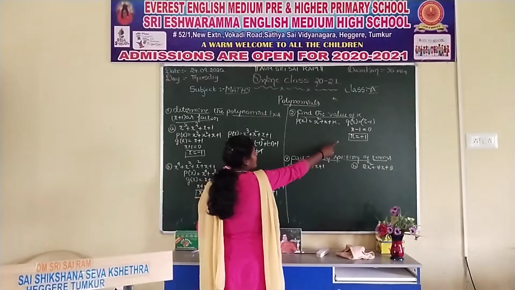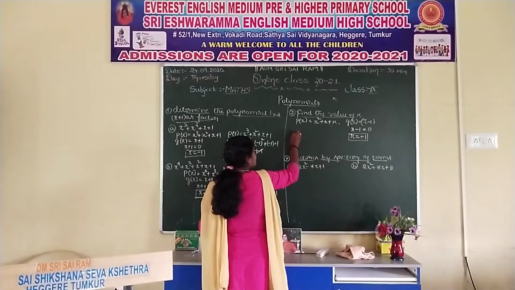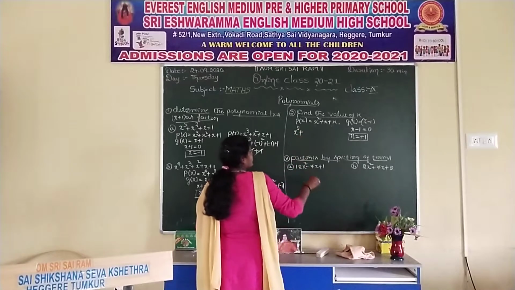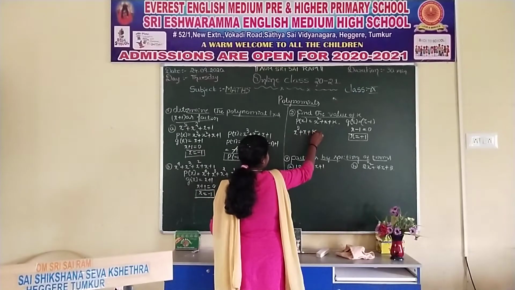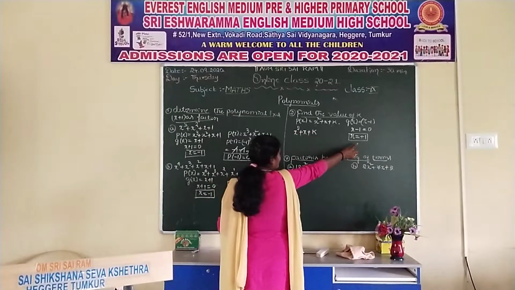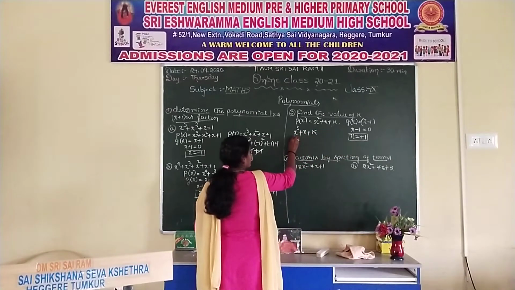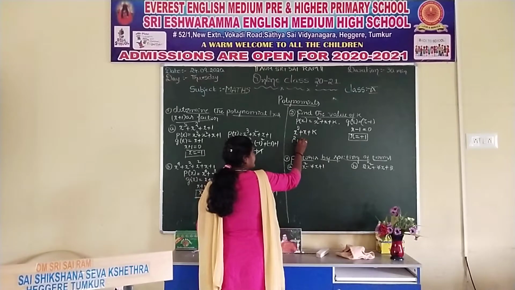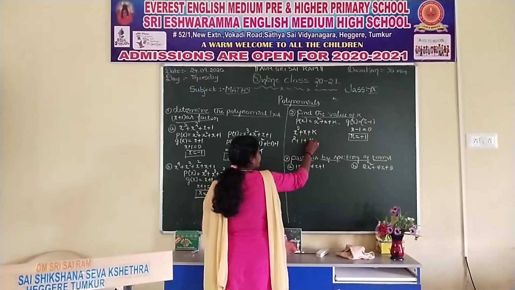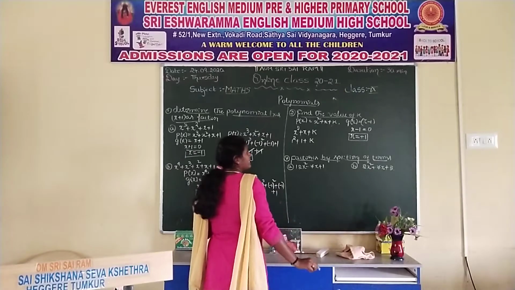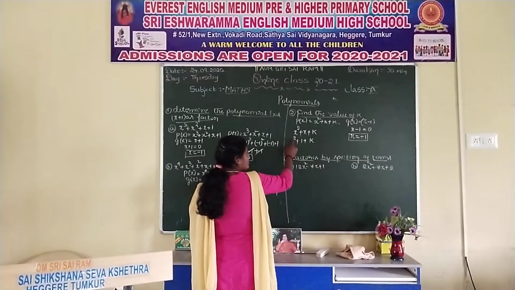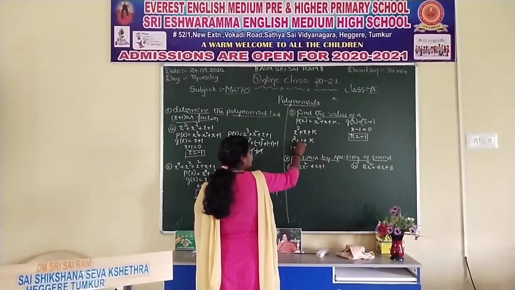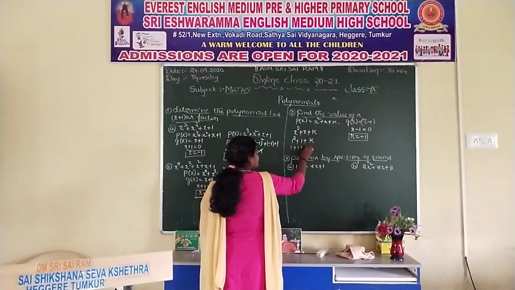Substitute the value of x into this expression. The required expression is x square plus x plus k. So x square, the value of x is 1, 1 square, plus x is 1, plus k. 1 square: 1 multiplied by itself any number of times, we get 1 only. 1 plus 1 plus k.